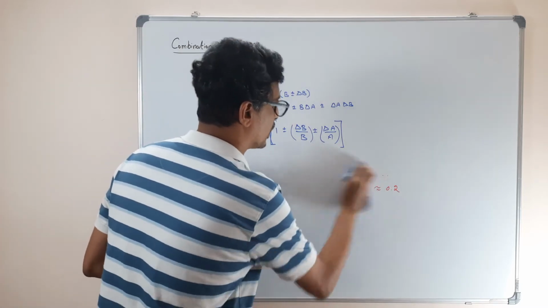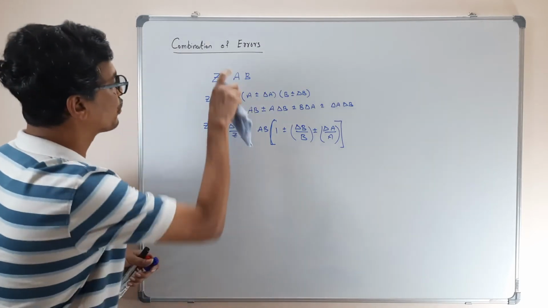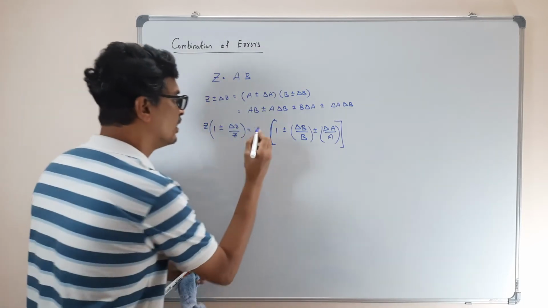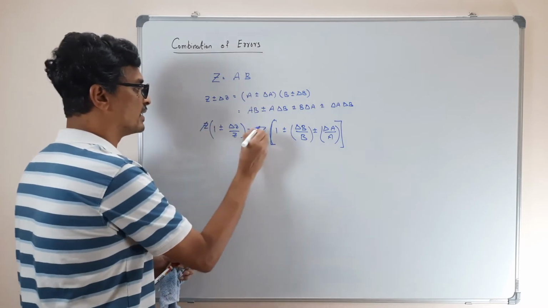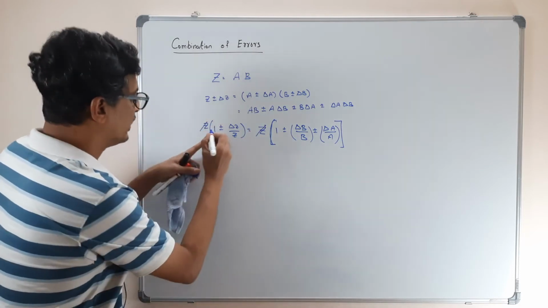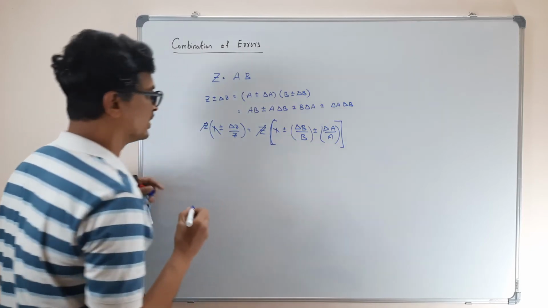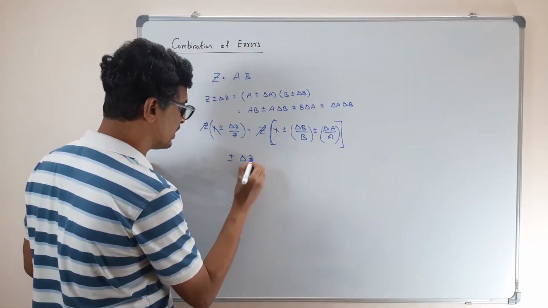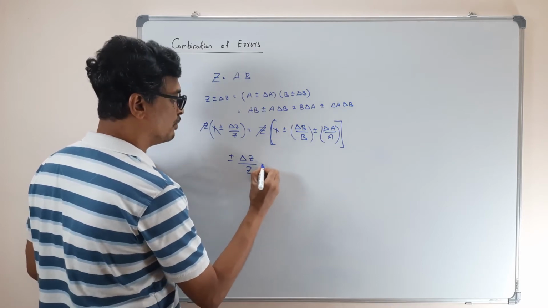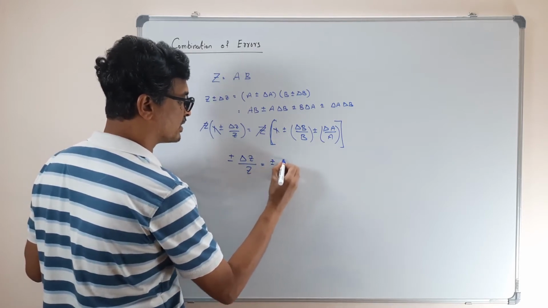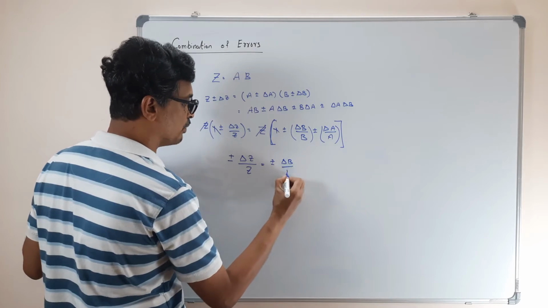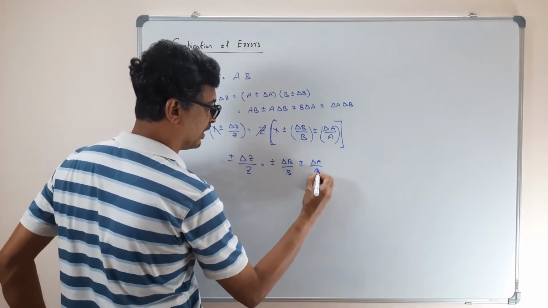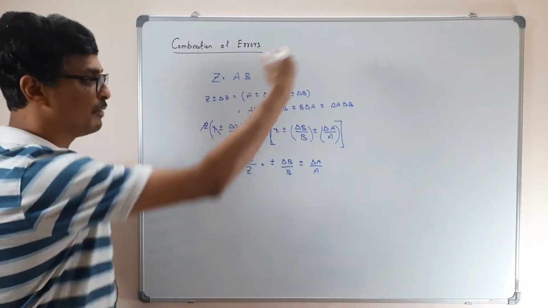So now, AB is Z, am I right? So then AB becomes Z, so this cancels off and then 1 also cancels. So finally we are getting plus minus delta Z by Z will be equal to plus minus delta B by B plus minus delta A by A. The same argument comes.